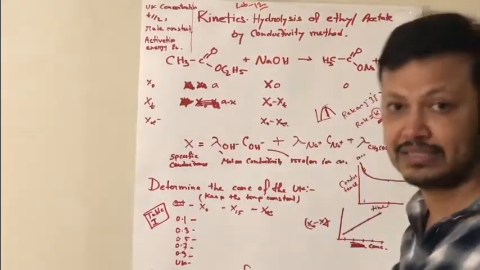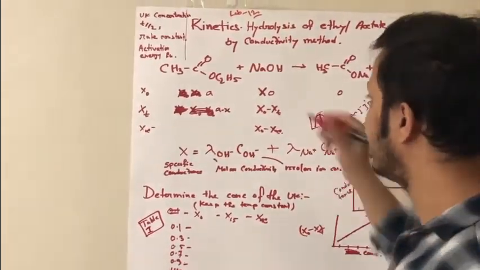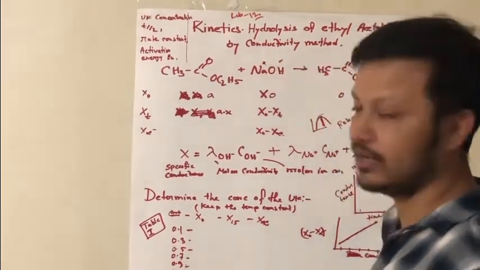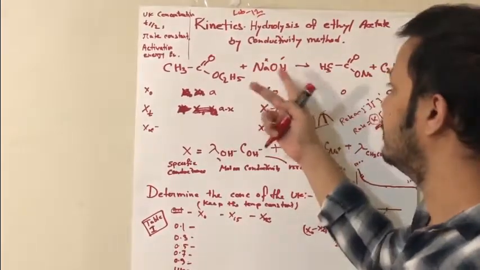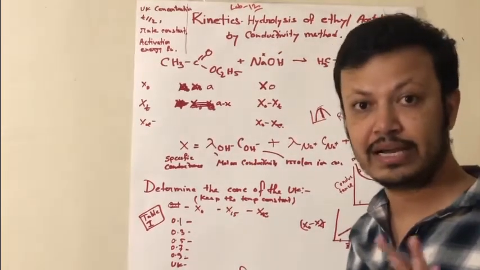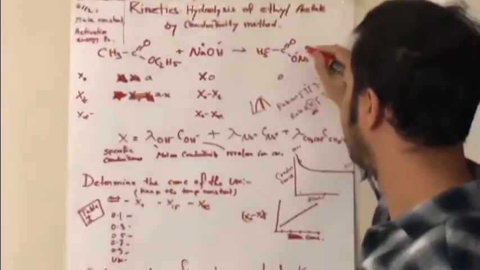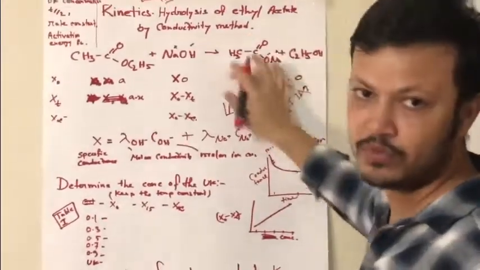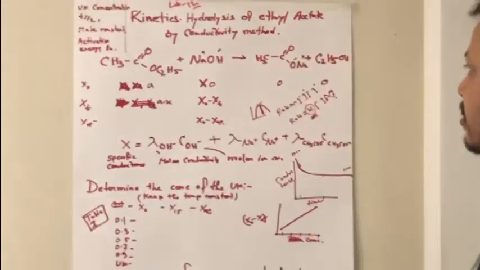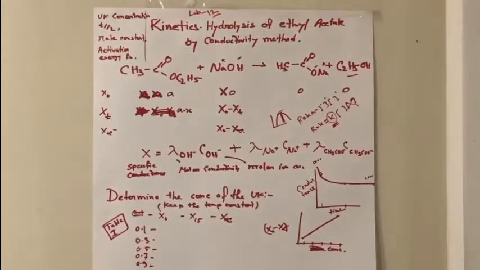But sodium hydroxide is an ionic compound. It has the sodium ion as well as the hydroxide ion, so both of them are responsible for the conductance. And sodium acetate is also an ionic compound, sodium plus and acetate minus, so this will also take part in the conductance, but the ethyl acetate and alcohol will not.